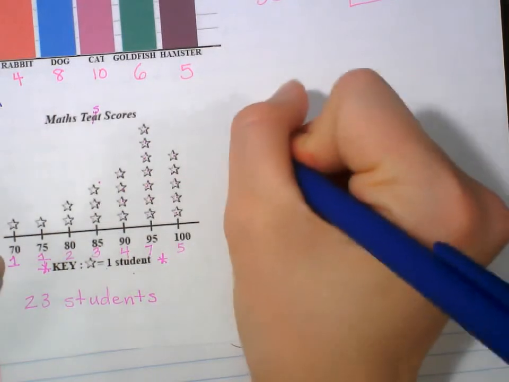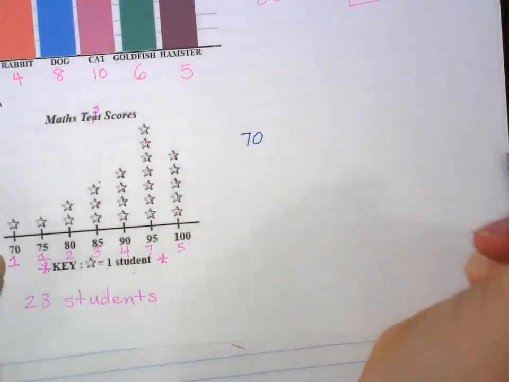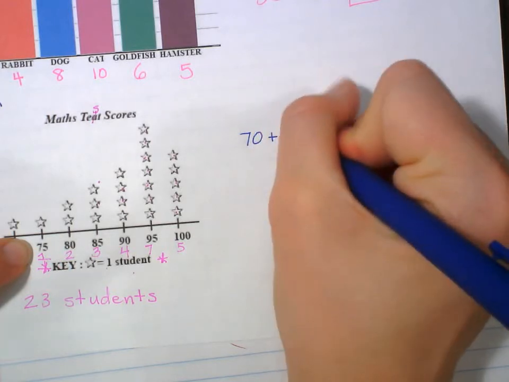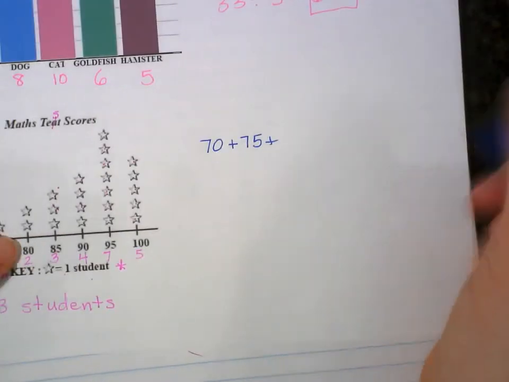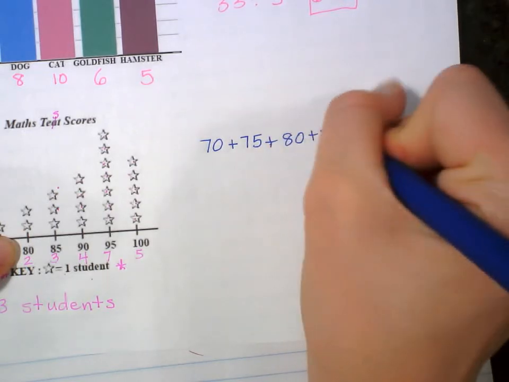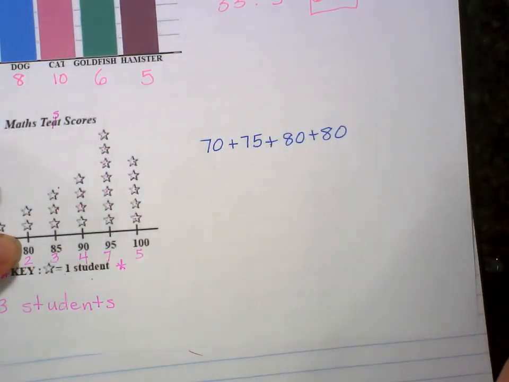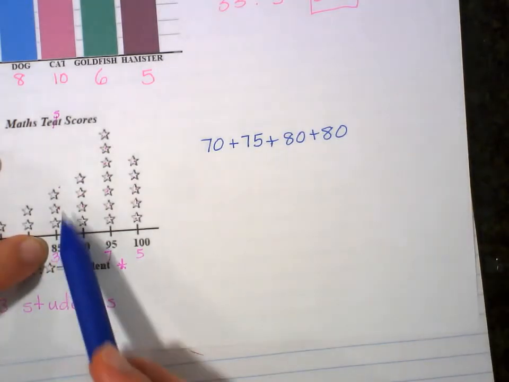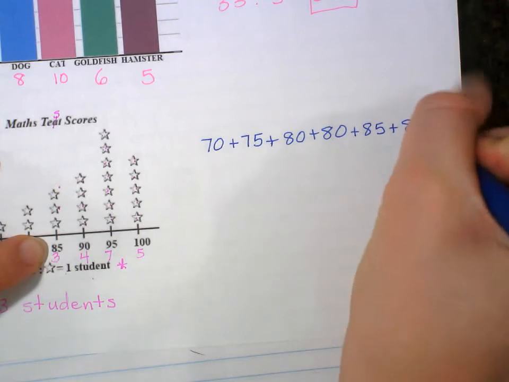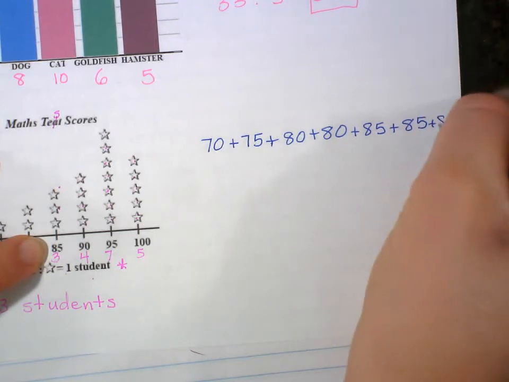We have 70 one time. We have 75 one time. We have 80 2 times. You have to add it twice. We have 85 3 times. You have to add it all 3 times.